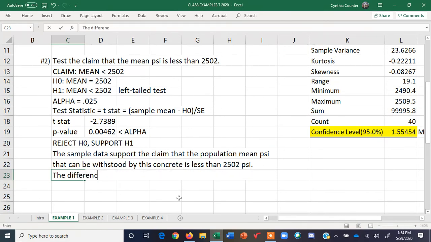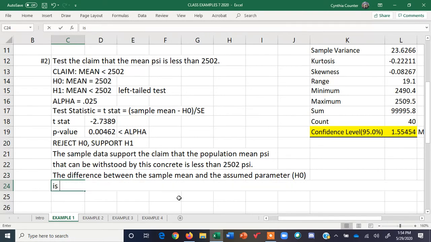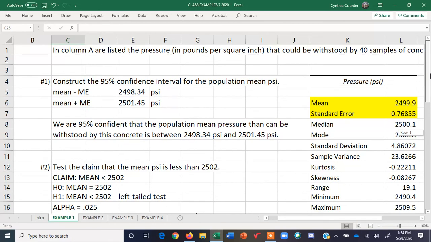So the difference between the sample mean and the assumed parameter, remember this is the value in the null hypothesis, is statistically significant. And so here's an example then of a left tail test for a population mean and how it lined up with the confidence interval.